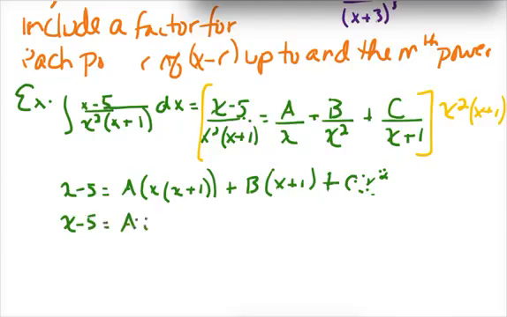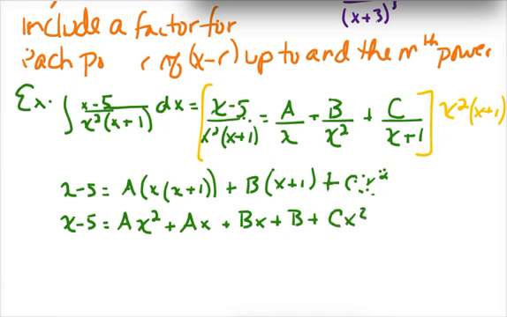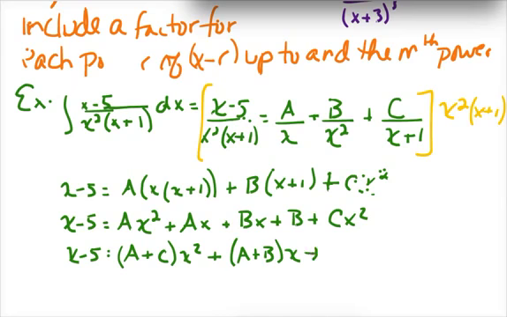So this is ax squared plus ax plus bx plus b, and then cx squared. Collect your terms: a plus c x squared, plus a plus b x, plus b.